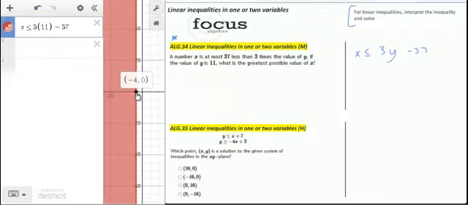Now you can see it says what's the greatest possible value of x. You see that -4 is your answer. Notice the line is a solid line, not a dashed line. So you're going to put -4 as your solution. If you're solving this by hand, you would continue from right here and do the same thing by hand: 3 times 11 minus 37, and just continue with what you have.